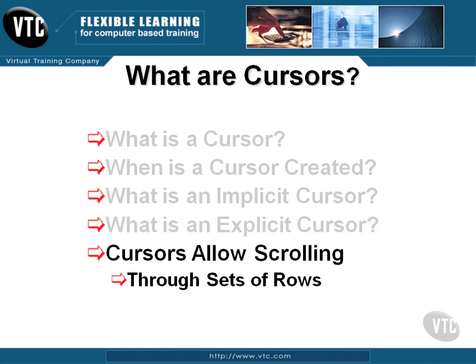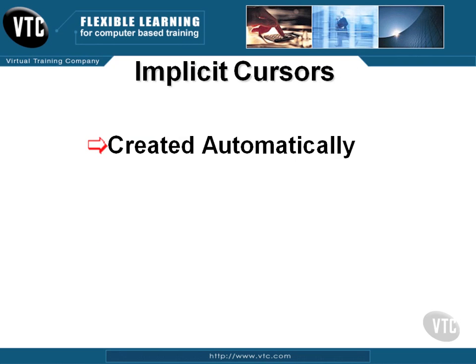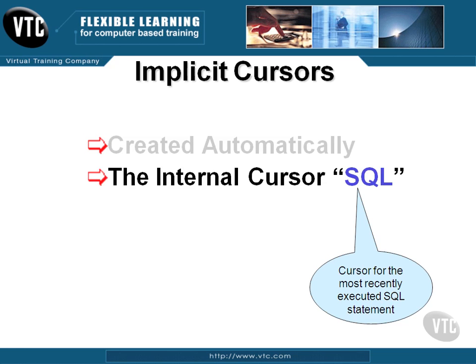What do cursors do? Cursors can, to a certain extent, allow scrolling through sets of rows, in other words, a set of rows that are defined by a query. Unlike explicit cursors that are created manually, implicit cursors are created by Oracle automatically for every query executed. As I said, there is an internal cursor, internal to Oracle.